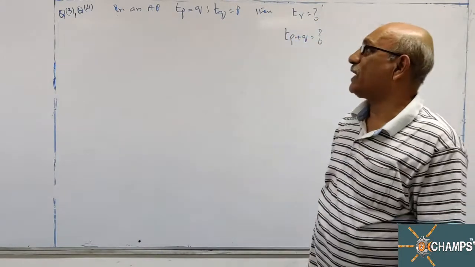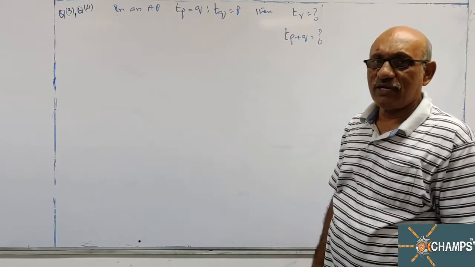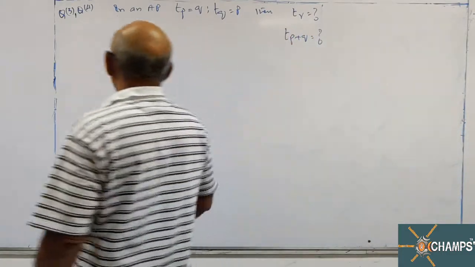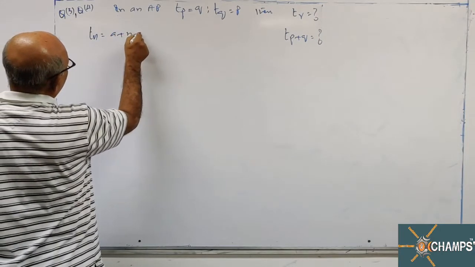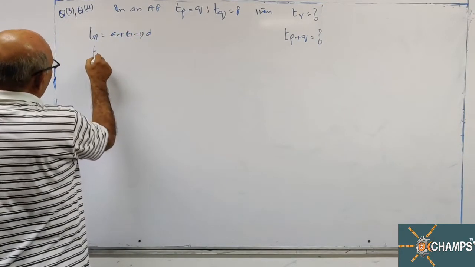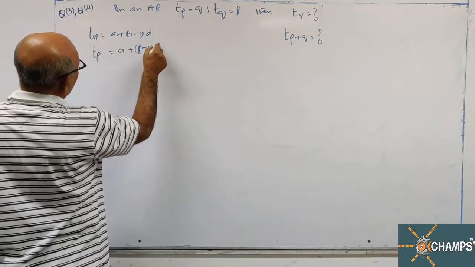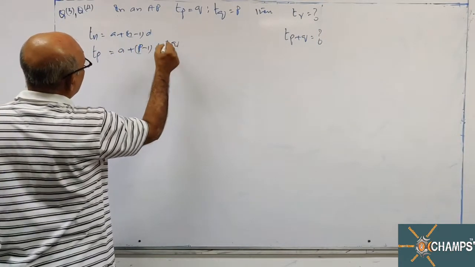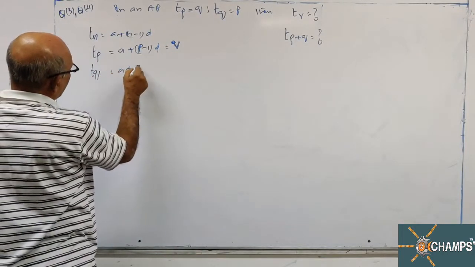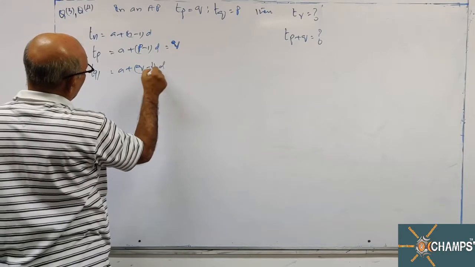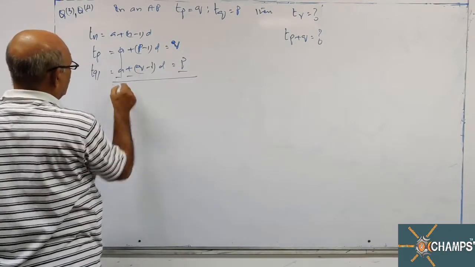So here numerical numbers are not given, means you don't have any other approach except following the descriptive one. Now look at this. Tn is equal to A plus n minus 1 into D. Tp is equal to A plus P minus 1 into D. This is Q. Tq is equal to A plus Q minus 1 into D. This is P. Subtract one from the other.